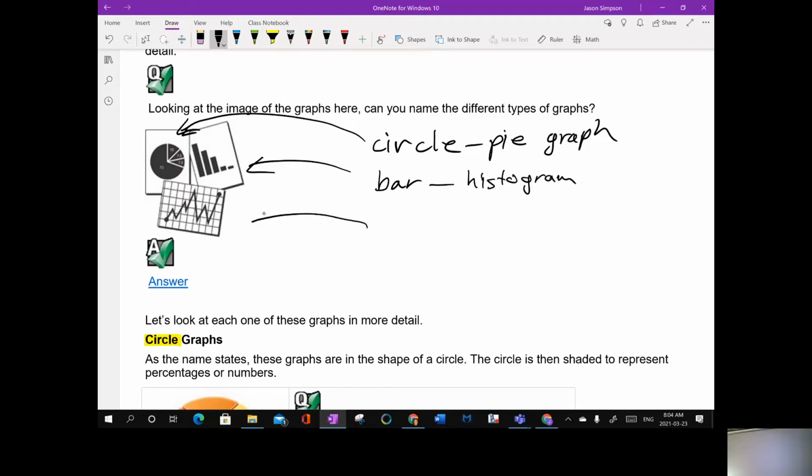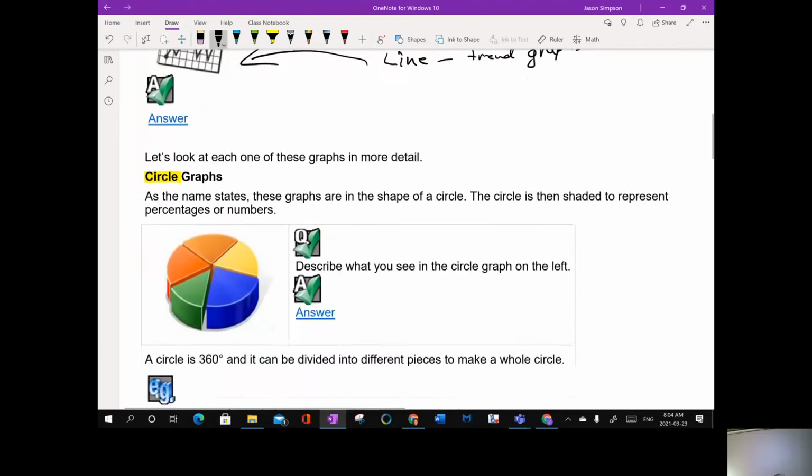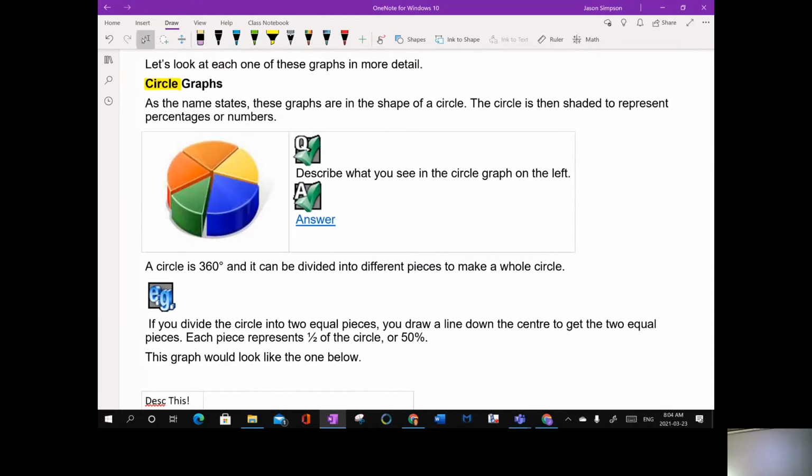And then we have this last one here, which we call a line graph. Some people call these trend graphs. Each of these has its own unique characteristics, and each of these characteristics helps us understand how all this stuff works. So let's take a look at all these graphs in detail.